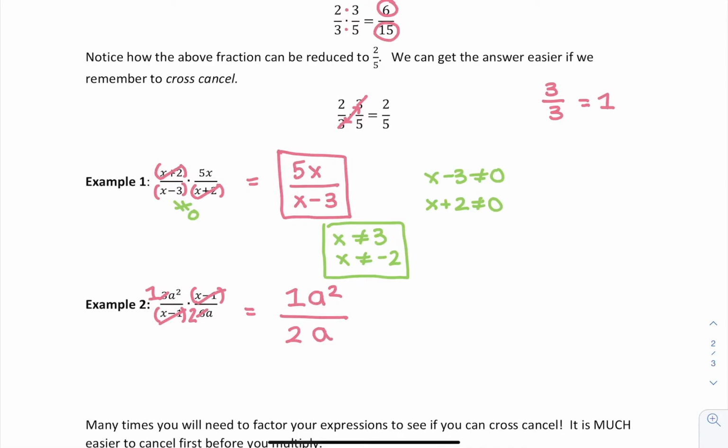Lastly, a squared divided by a is really just a times a divided by a. So I can cancel out an a each, or I could have just done that in this step by canceling out to make this a and this 1. So finally, I'm left with a divided by 2.